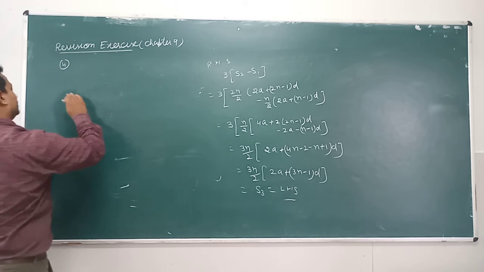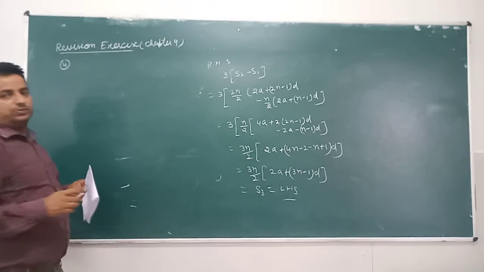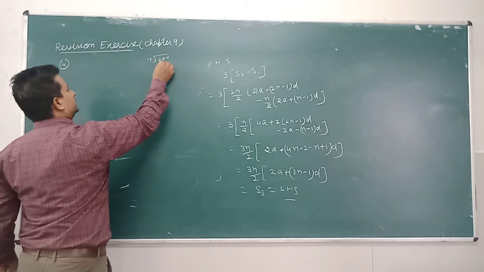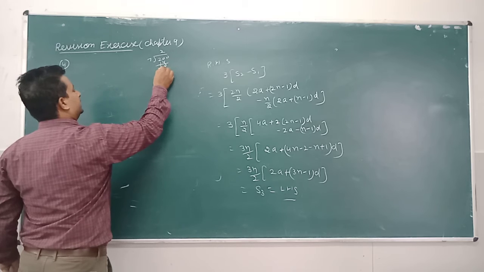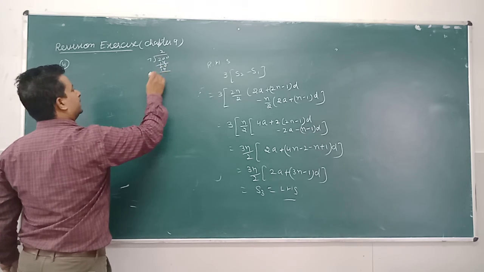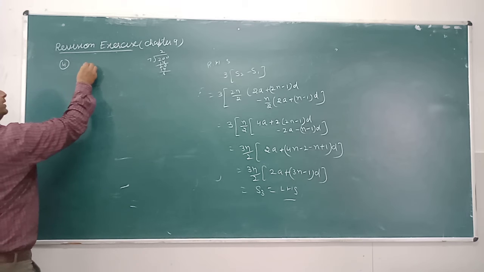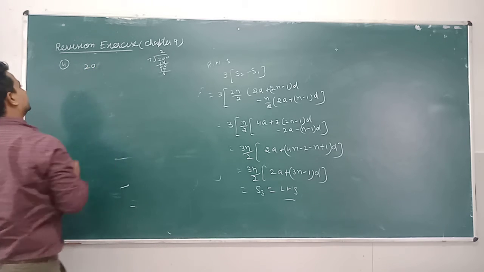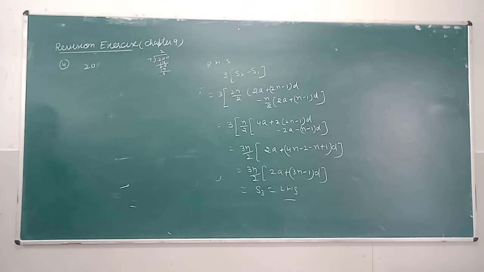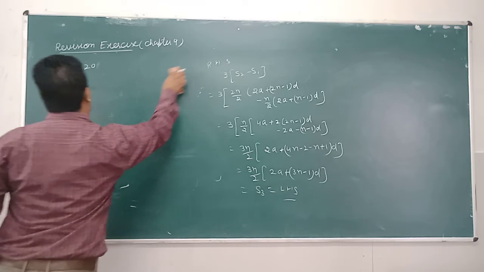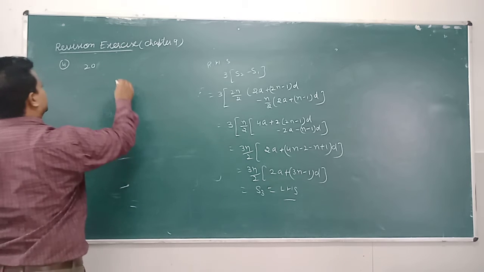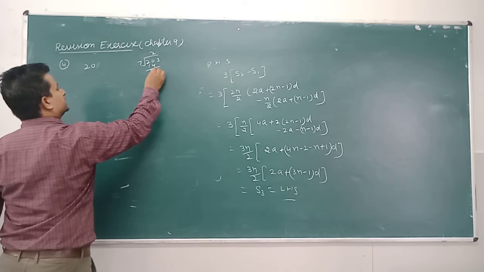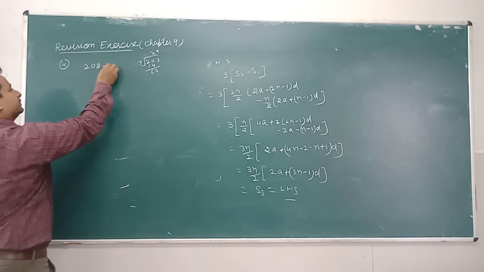This means after 200, the number which is divisible by 7 is, as we know, when we divide 200 by 7, the remainder is 4. 201 is not divisible, 202 is not divisible. When we divide 203 by 7, it is divisible. So 203 is the first number.